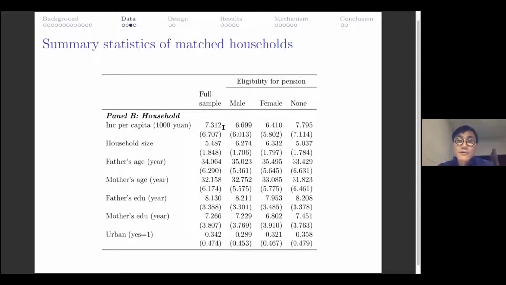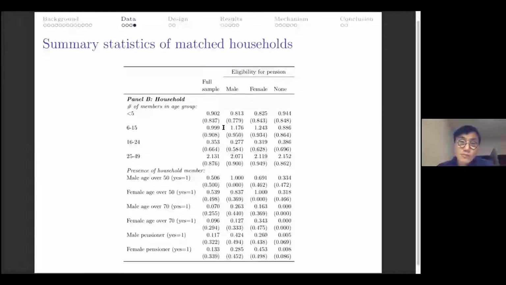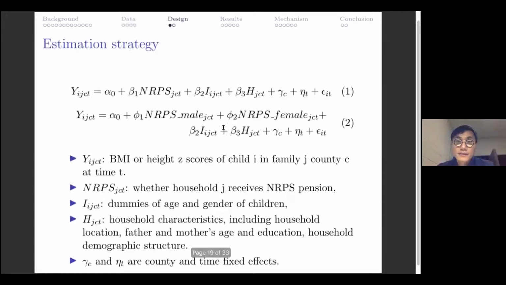So here I give you the table of other summary statistics of the household characteristics and their household demographics, which we are going to control for in our study. Here is the regression equation. The first one, we follow Duflo 2003. We do not differentiate the pension receipts. So NRPS_jct here represents the pension receipt of household j at county c at time t.